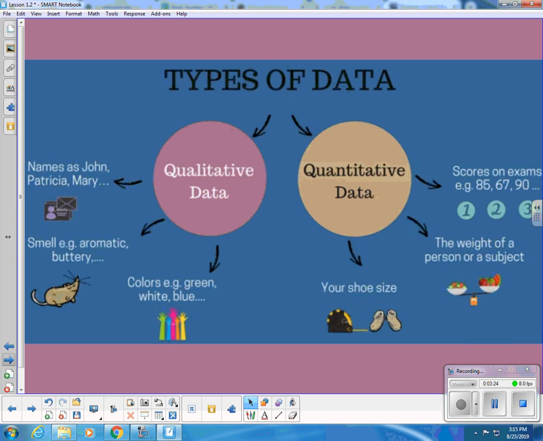Okay. Quantitative data is generally numerical. It has to be numerical. It has to be numbers. Things like shoe size, scores, weights, all that kind of stuff. All right? So, if it's just attributes, labels, or non-numerical entries, but again, it could be numbers if they're labels, it's qualitative. Quantitative is numbers that are measurements or counting. Okay? Measurements or counting.